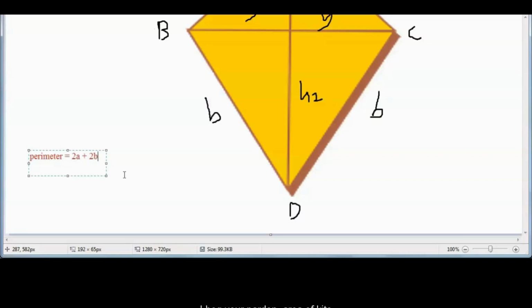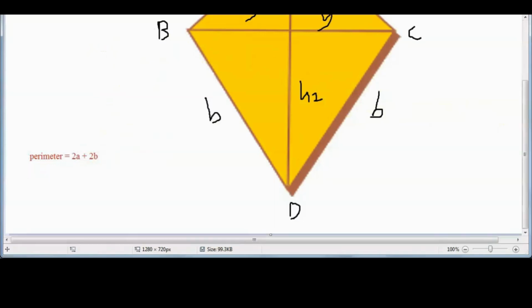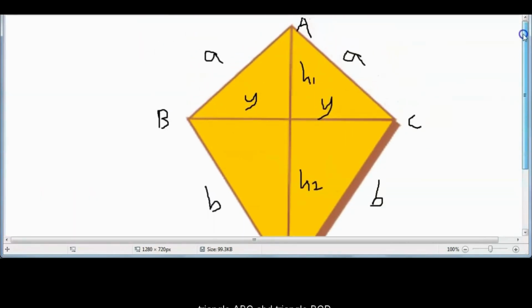I beg your pardon, we move on to the area of a kite. The area of a kite, on the other hand, is the sum of the areas of the two triangles, that is triangle ABC and triangle BCD.